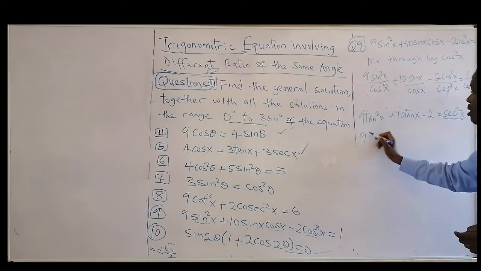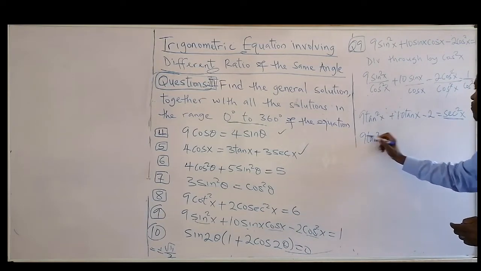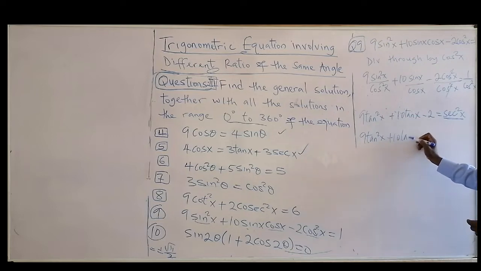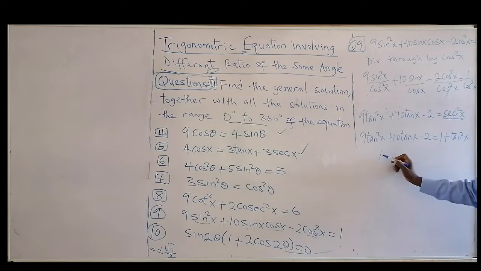That will be equal to 9 tan square x plus 10 tan x minus 2 equal to sec square x. There is an identity which says that 1 plus tan square x equal to sec square x.